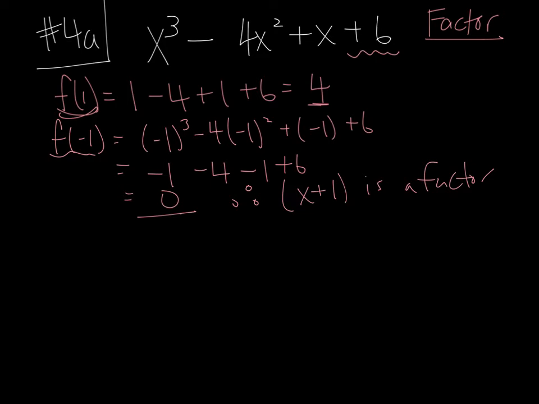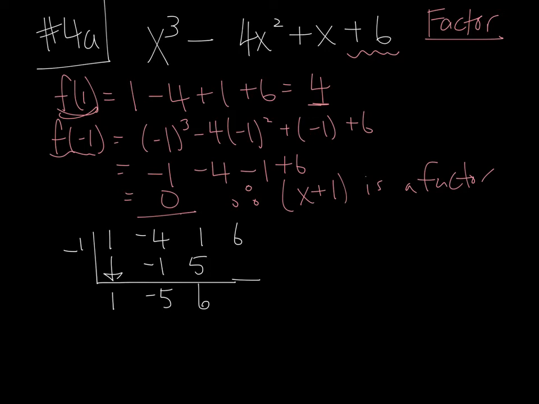Once we know one factor, we can use the factor theorem to set up synthetic division and find the other factor. Continuing with the synthetic division, I have -5 times -1 gives a +5 here, which makes this 6. And -1 times 6 gives me a -6 here and leaves us a 0, which is where our remainder is. So we already knew that that was going to give a remainder 0 because we know that x plus 1 is a factor.